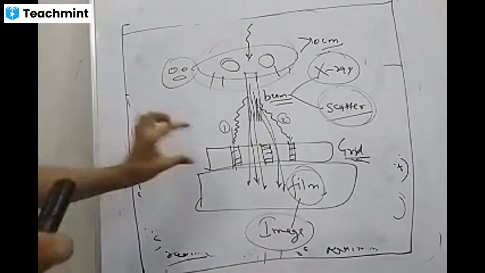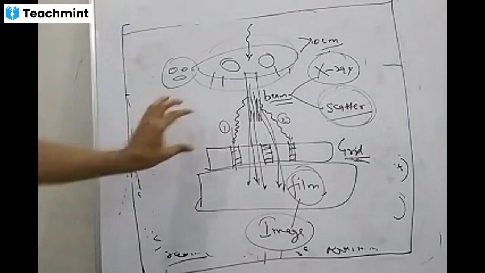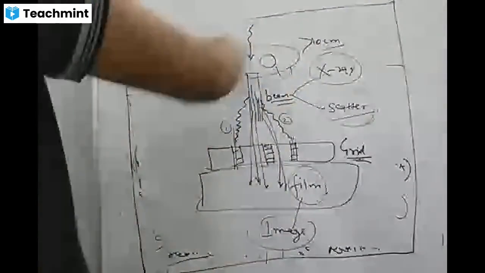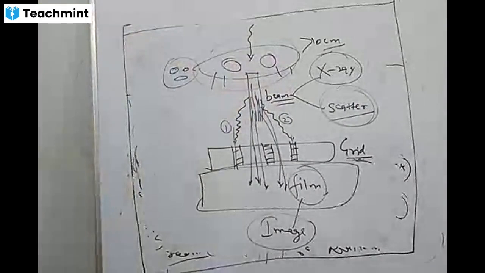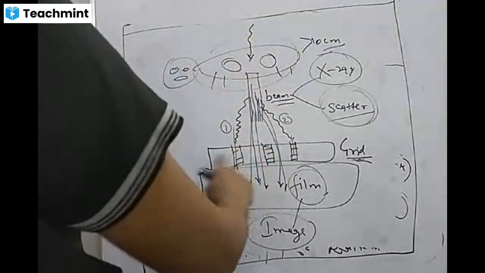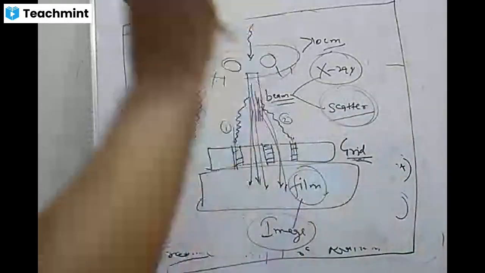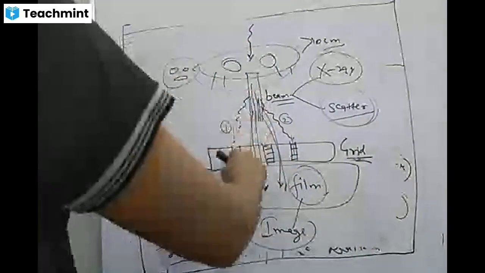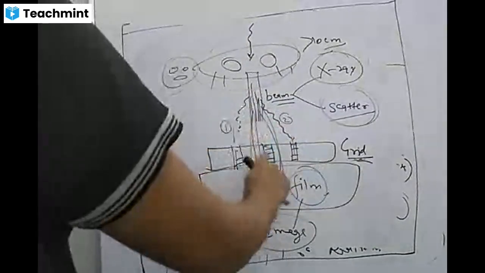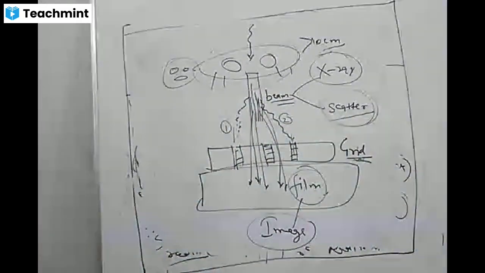So this is your concept of grid. When to use grid? When the animal thickness is more than 10 centimeters. What is grid? There are alternate lead lines with some material placed between them. What is the function of grid? To absorb the scatter radiation by the lead line.